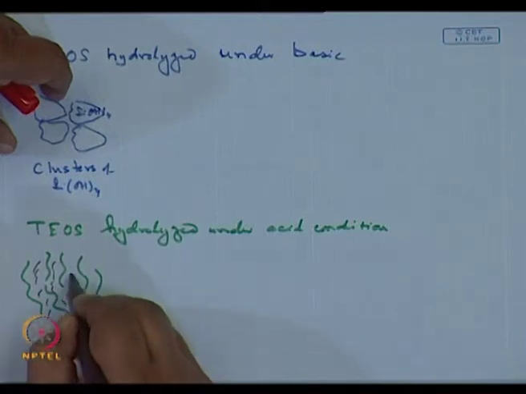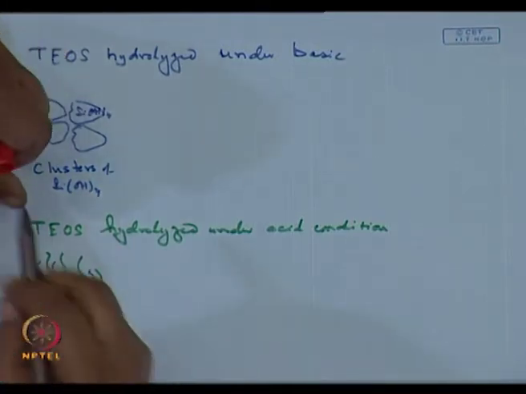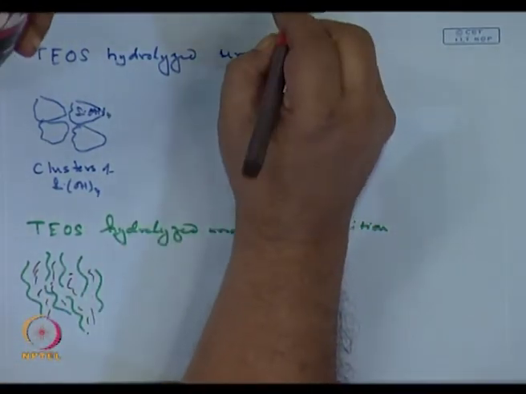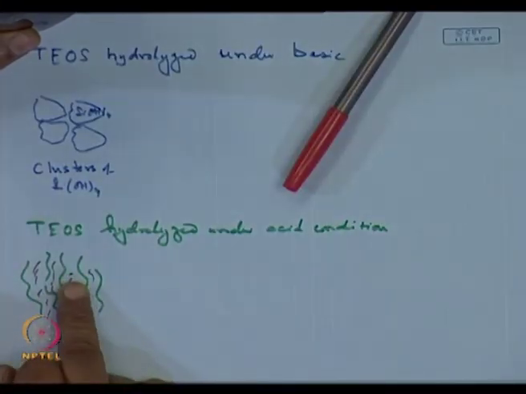All of this would be liquid, something like what I had said over here in this apple. In this particular one, I had said I have fibers of apple which are dispersed in liquid, and this is the type of sol I would get if I have hydrolyzed TEOS under acid conditions.